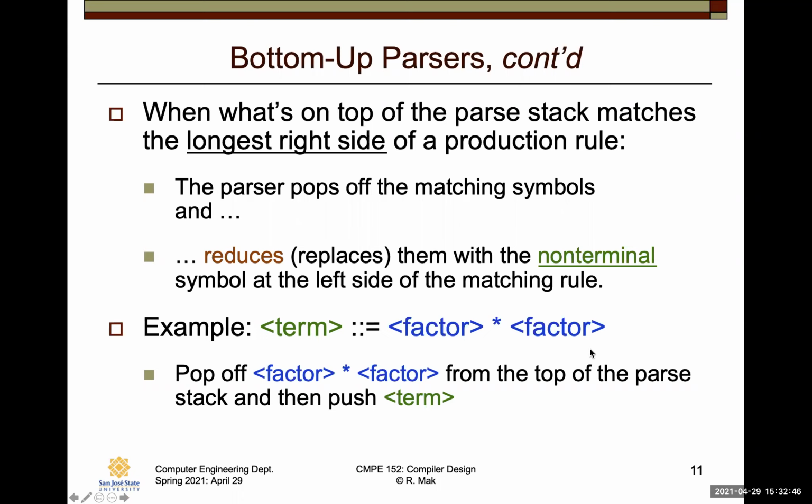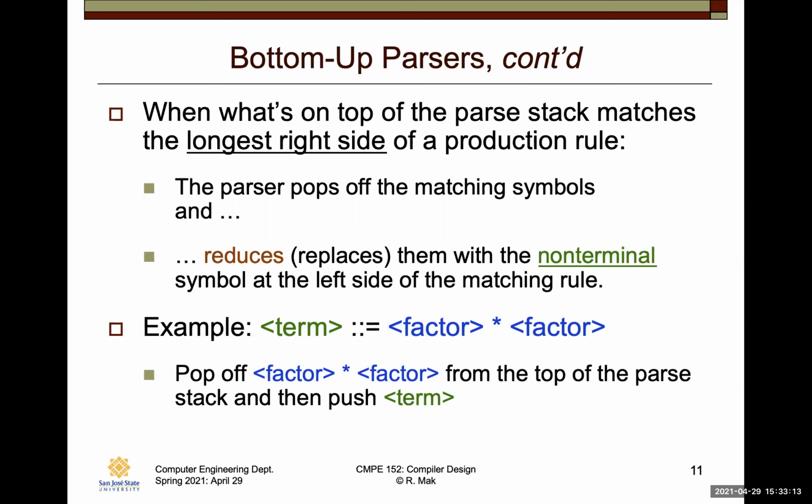Let's say that during this bottom-up parsing, on top of the parse stack, we have a factor, a times, and a factor. At that point, we pop off those three items, factor, star, factor, from the top of the parse stack, and then push in the replacement, term. And that's a reduction.